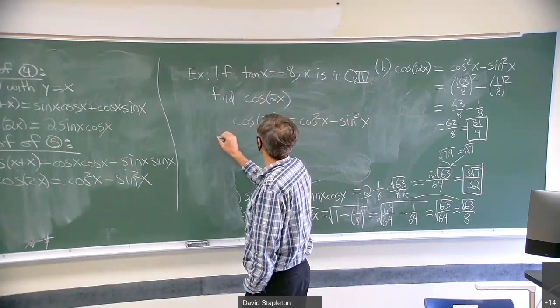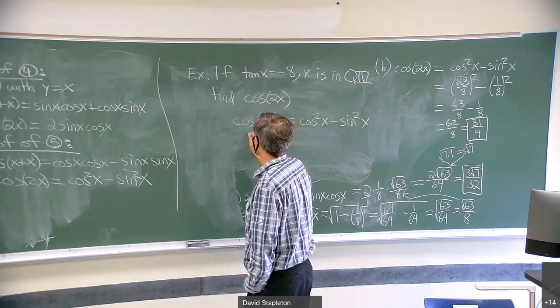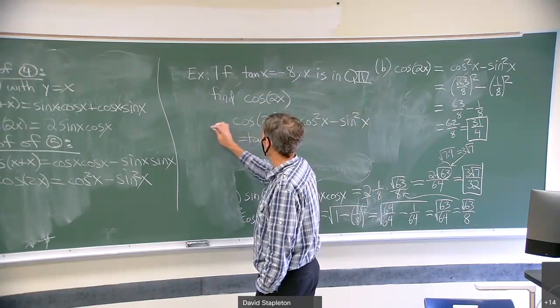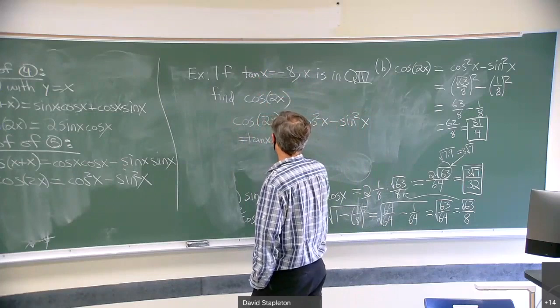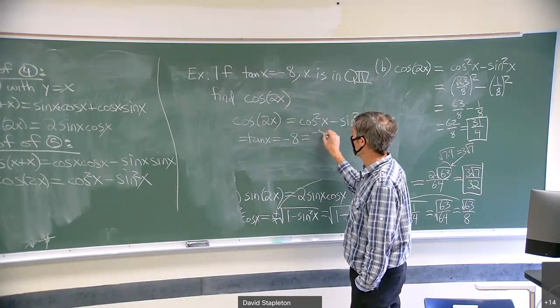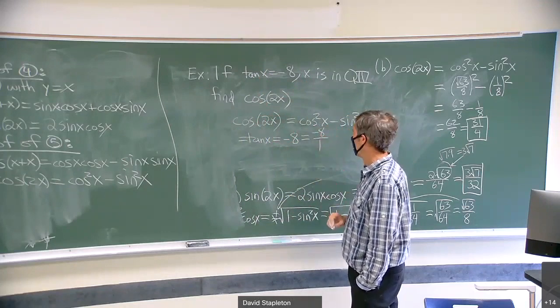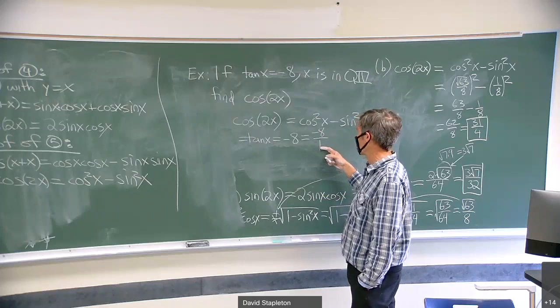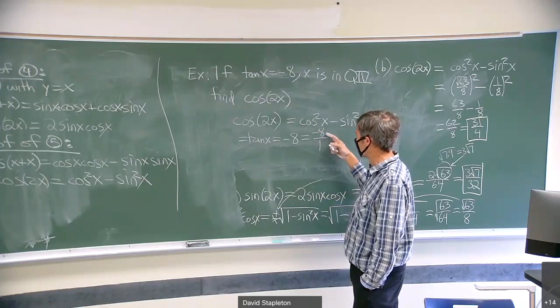I like to say if tangent x is -8, I can write that as a quotient, -8/1. And then I can write that quotient as a quotient of points on the unit circle, right? -8/1 is not on the unit circle.